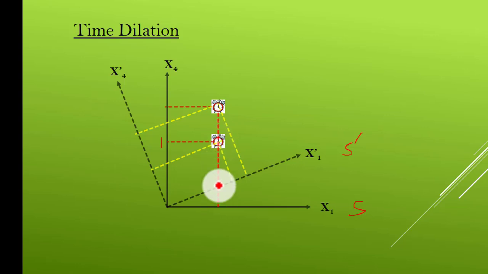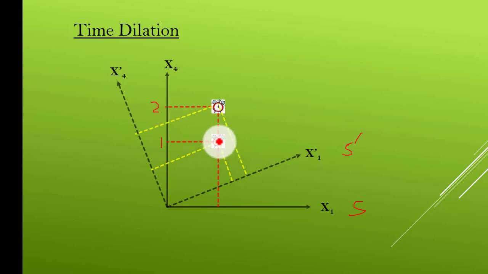So its x coordinate remains the same, but its time coordinate changes to 2. This will give you the time measured between ticking of this clock.